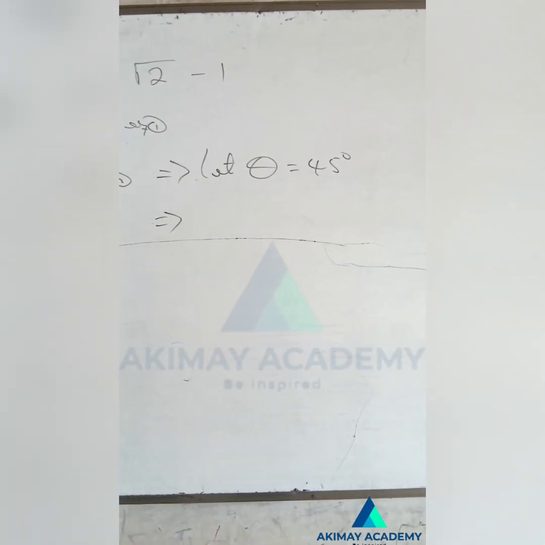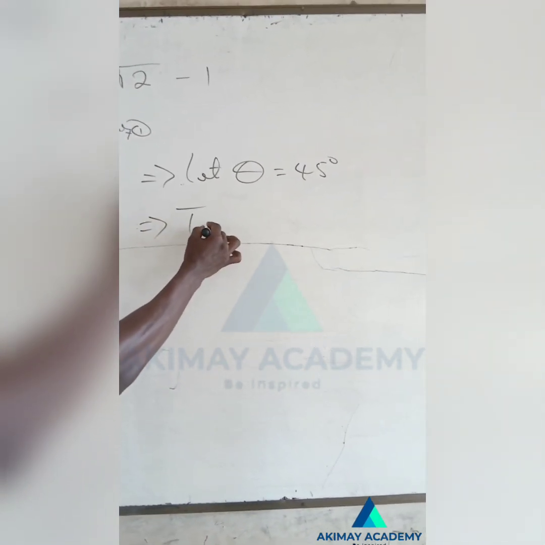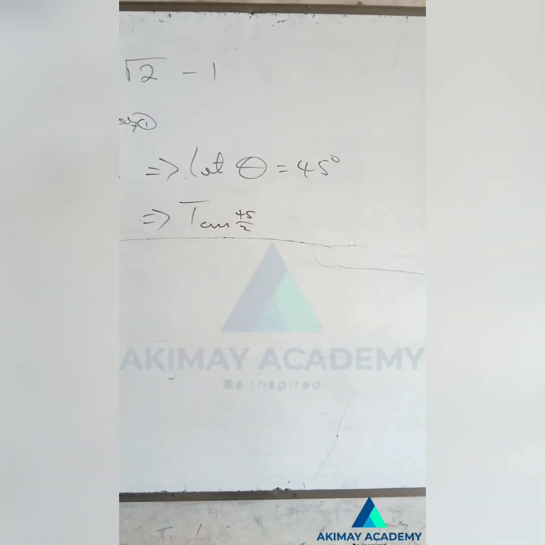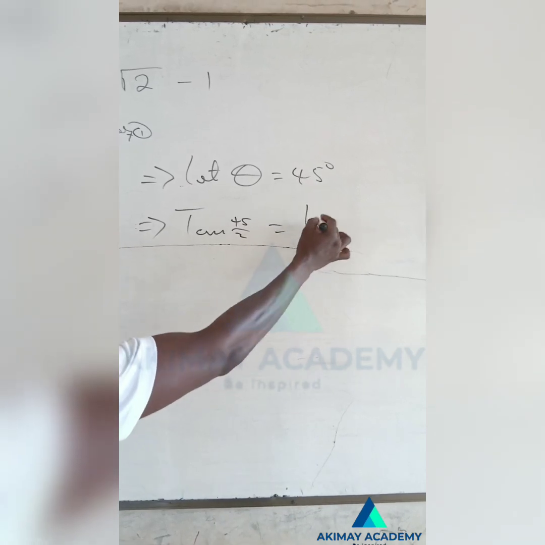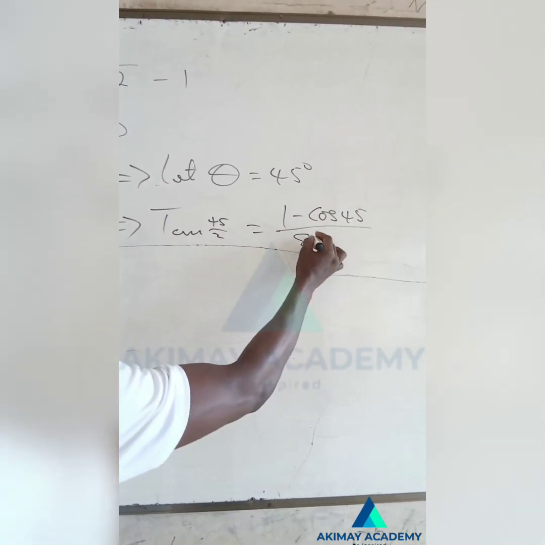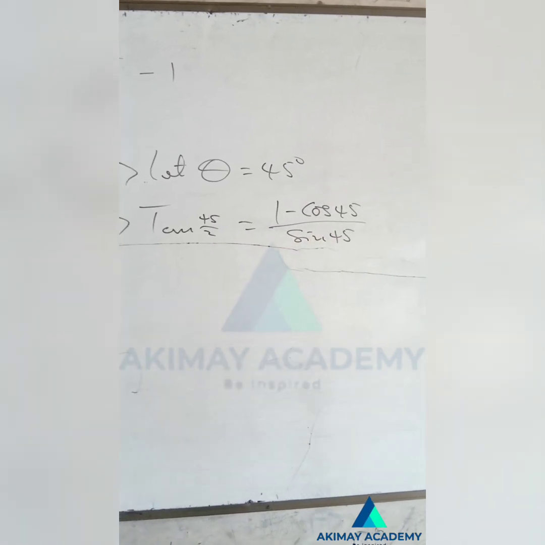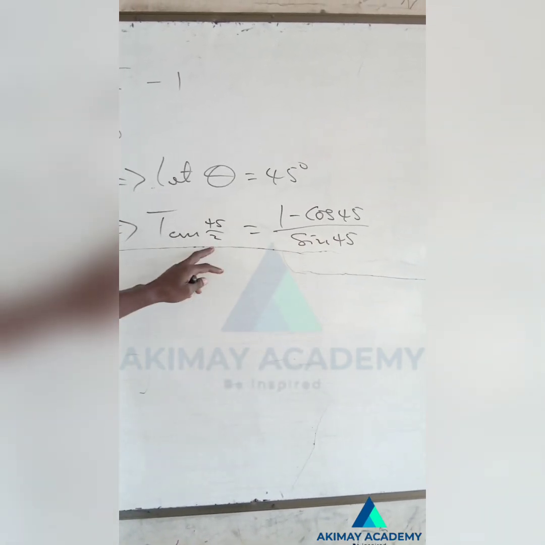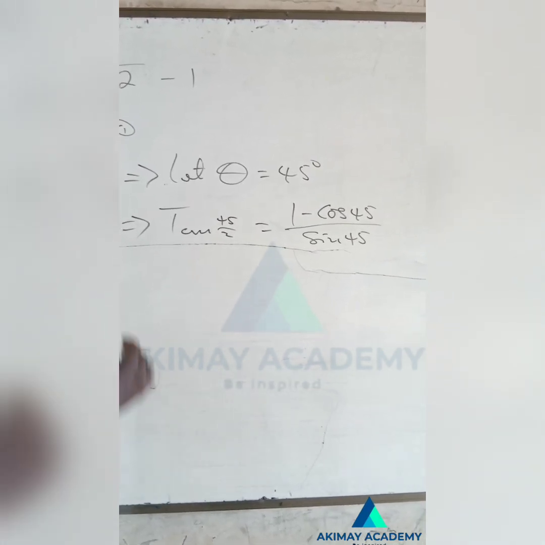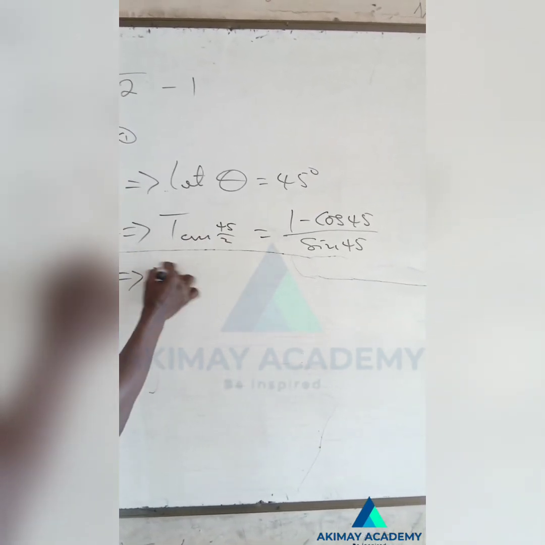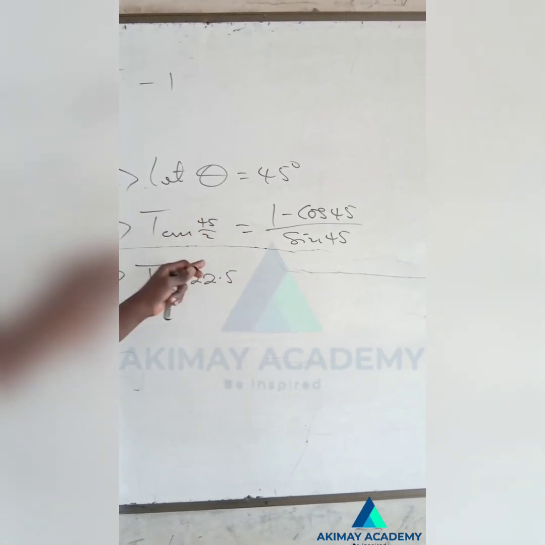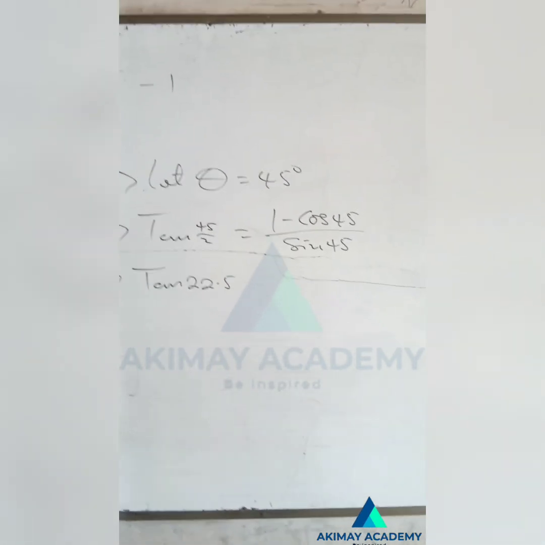So we are going to have tan 45 on 2 equals 1 minus cos 45 out of sin 45. And this one is going to give us tan 22.5, when we divide this value.